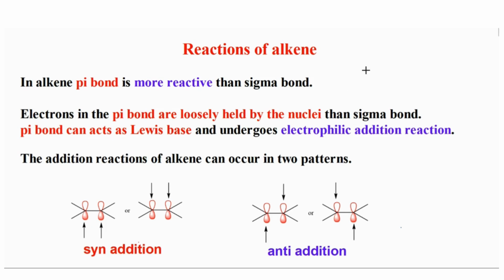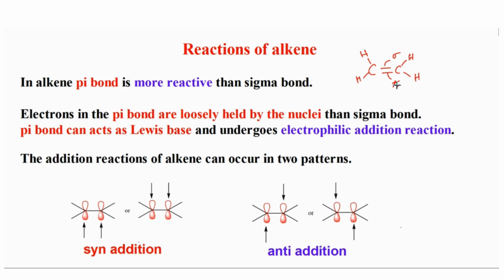For example, take this alkene, C double bond C. As you know, in this double bond, one bond is a sigma bond and the other is a pi bond.